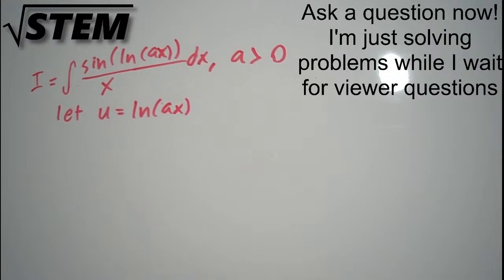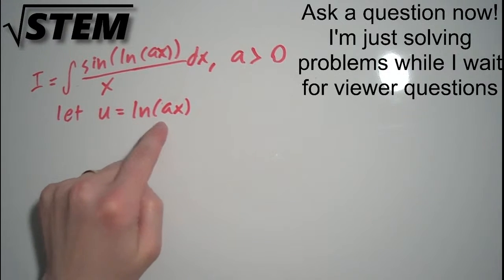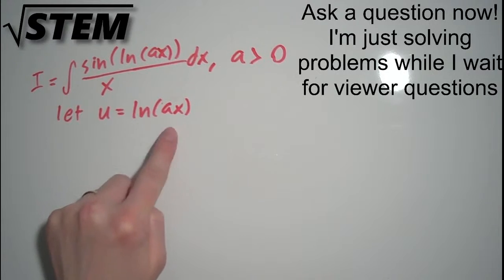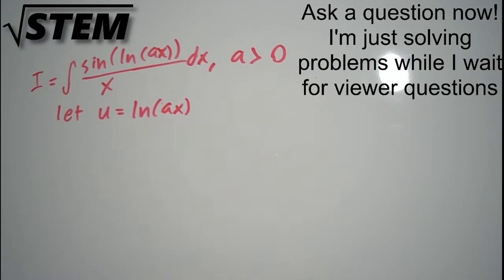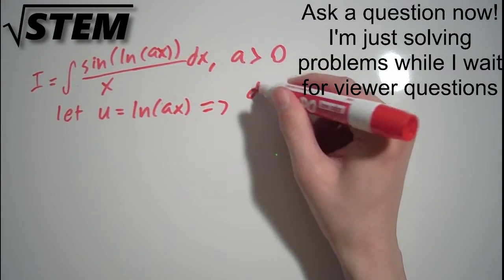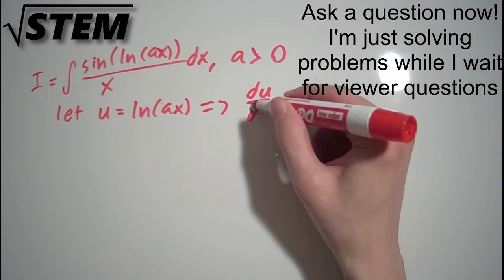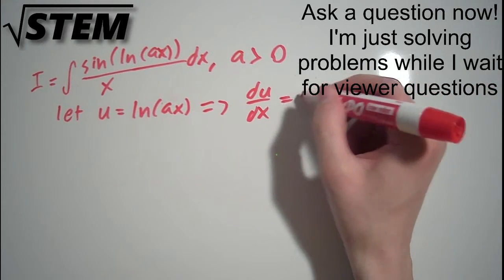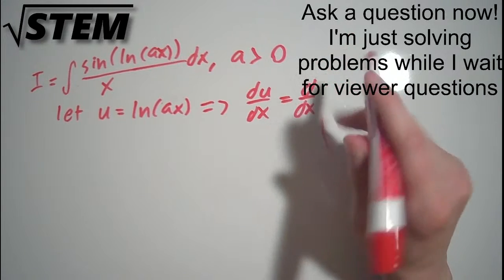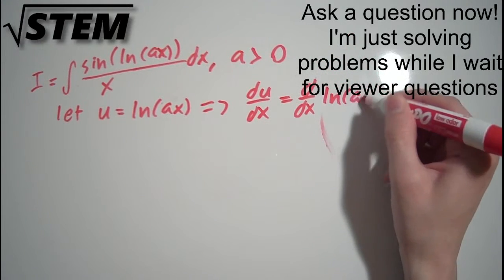And it's important that a is a positive number here, because natural log is not defined for negative numbers. So that means that the derivative of u with respect to x is the derivative of natural log of ax.